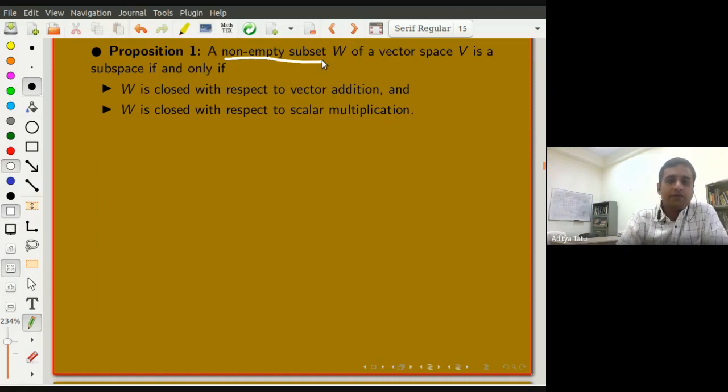So this is an if and only if statement. The proof one way is straightforward. If W is a subspace, then it has to be closed with respect to this.